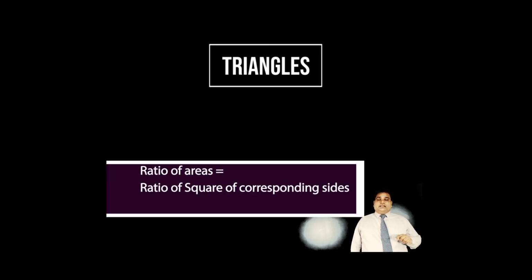Here we can see in the diagram triangle ABC and triangle DEF. The area of triangle DEF divided by the area of triangle ABC, the ratio of both areas, will always equal the ratio of the squares of corresponding sides.